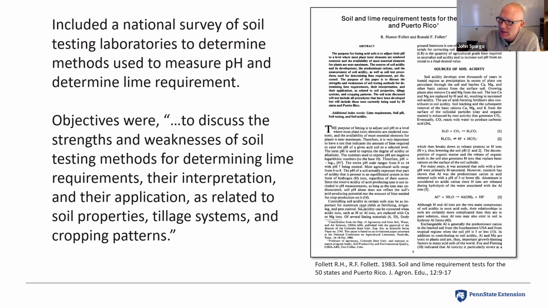But they also did a pretty extensive survey of labs in different states, and they weren't clear whether or not it was university labs or all labs, but got a really good summary of methods used to measure pH as well as buffering capacity, and then did a really nice sort of strengths and weaknesses of each of the different approaches. A really nice paper, and I think relevant to our discussion here.